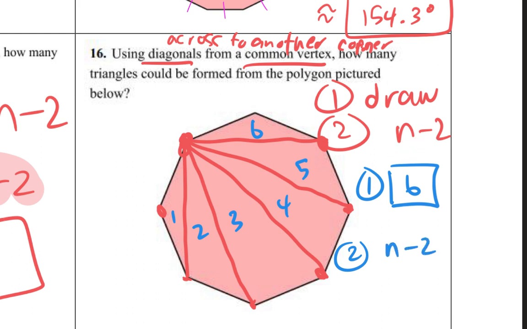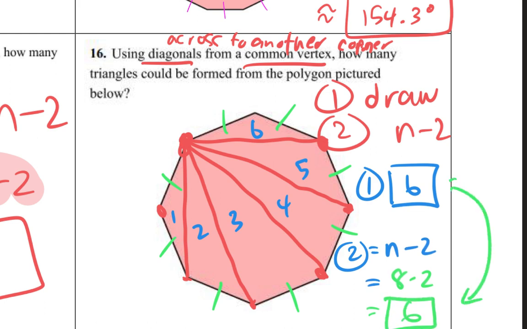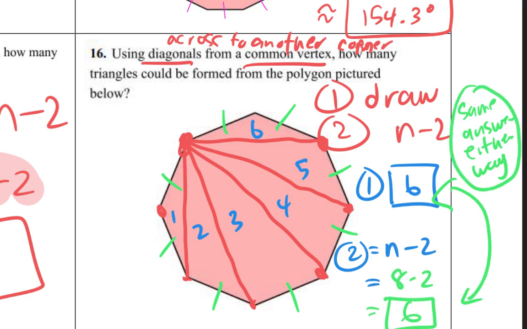Let's count the number of sides: 1, 2, 3, 4, 5, 6, 7, 8. So that'd be 8 minus 2, which is still equal to 6. So either way, we get the same answer.